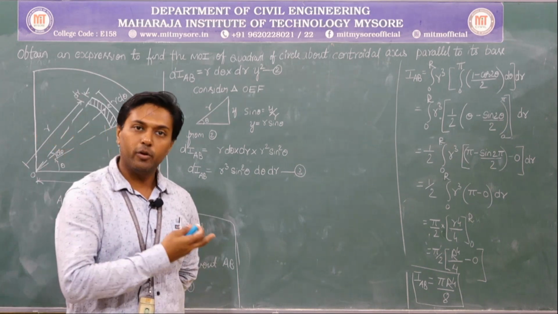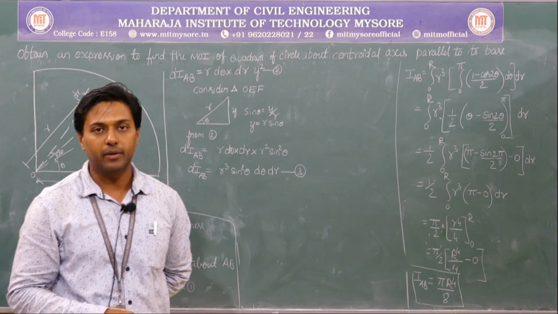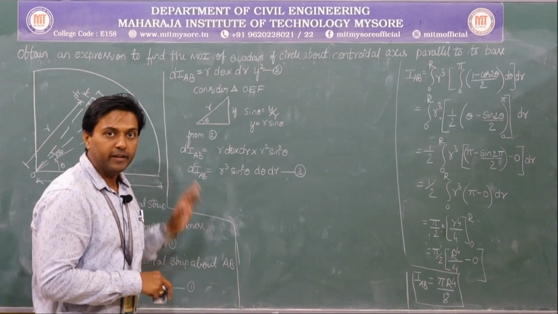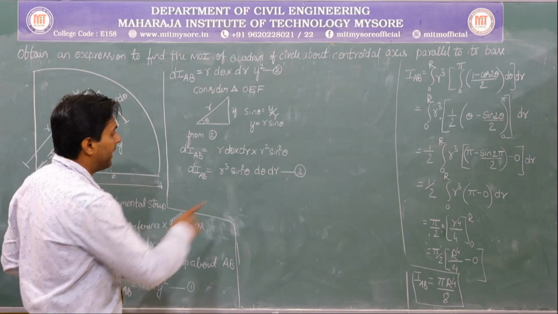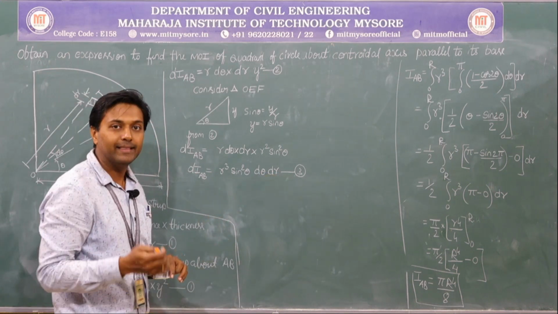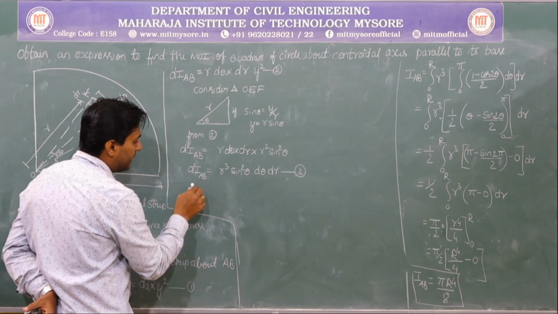Yes or no? So I am following the same step as that of the semicircle derivation. Okay. Now the moment of inertia for the entire diagram is obtained by integrating equation 3. So let me integrate this.